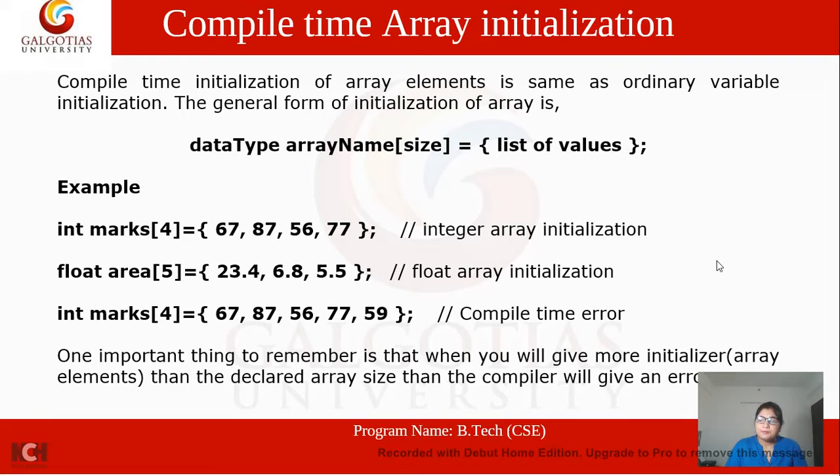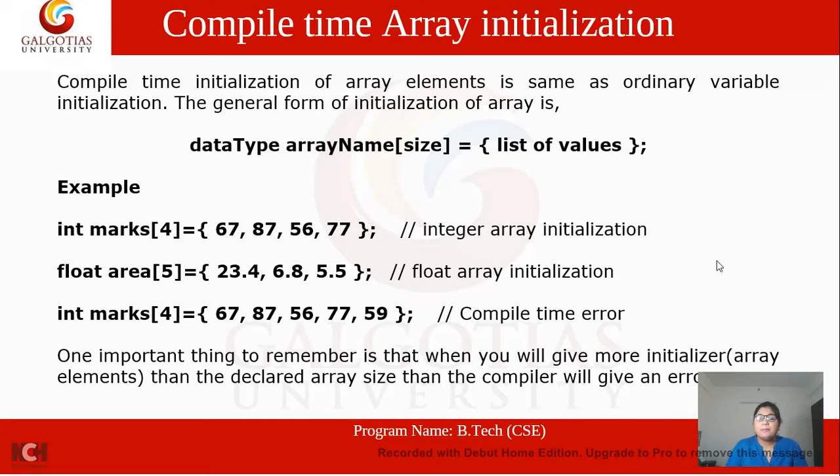This situation will generate a compile time error because we have defined the size of the array as 4. That means the array can hold at most 4 elements, but at the time of initialization we are providing 5 values, and this array is not capable of holding 5 values.